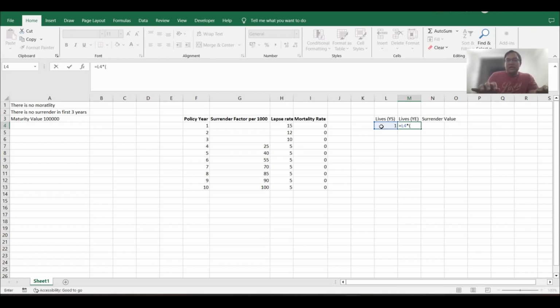So this is 0.85. So the number of people who are in the company books at year end, they have reduced from 1 to 0.85. Now if the number of people in the portfolio is 100, then this would be 85, right? So that's how it goes.